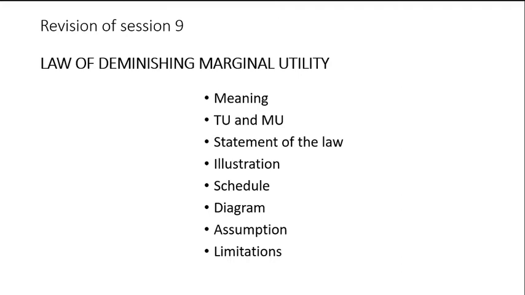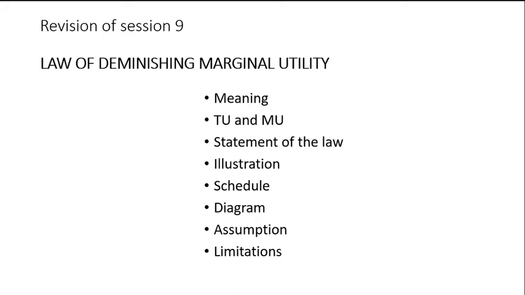In that session, we discussed the meaning of utility. You know that utility means wants-satisfying power, or the power of a commodity to satisfy human wants. We also studied the types of utility, like total utility, marginal utility, and average utility.